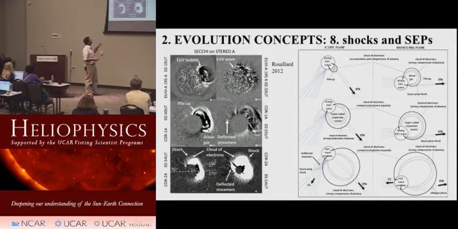What you're looking at is that the timing difference between the SEPs detected at STEREO A and L1 correlates to the timing difference between where the CME was magnetically connected to the first one and the time it took for this shock bubble to get to the other side of the sun.